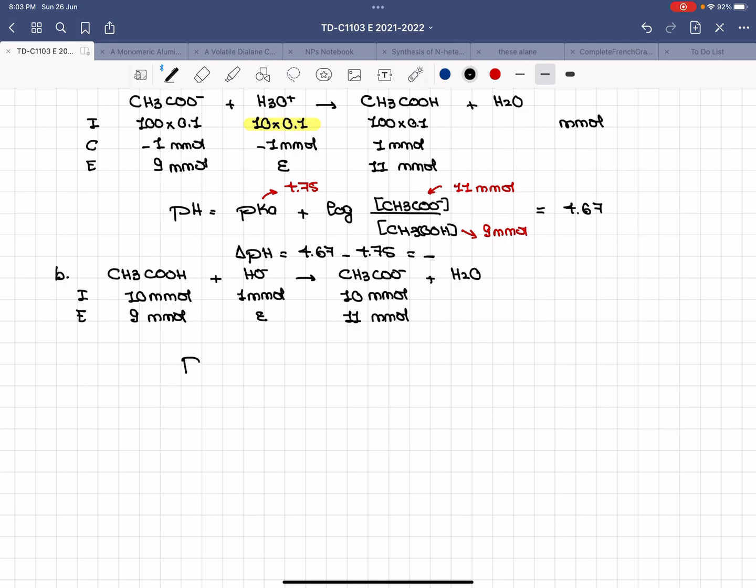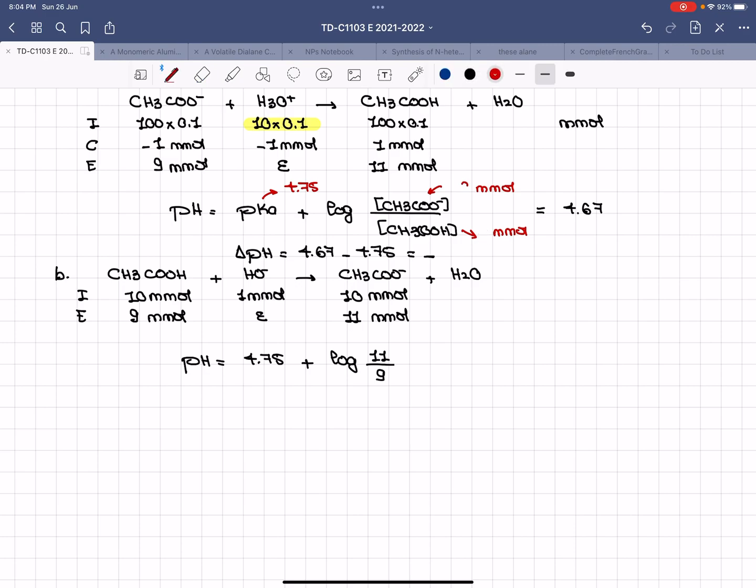So the pH will increase. So you have 4.75 plus log 11 divided by the acid, which is 9. Okay, I think here my bad, we flipped them a bit. It's 9 divided by 11.